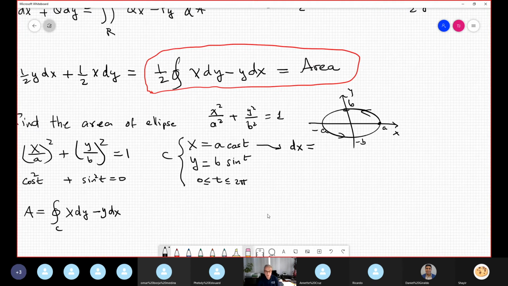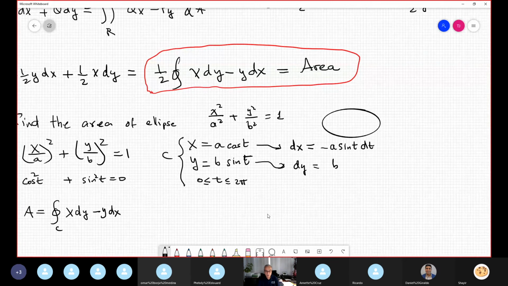So dx is equal to minus a sine t dt. Don't forget dt. And dy is the derivative of sine, which is cosine: b cosine t dt.